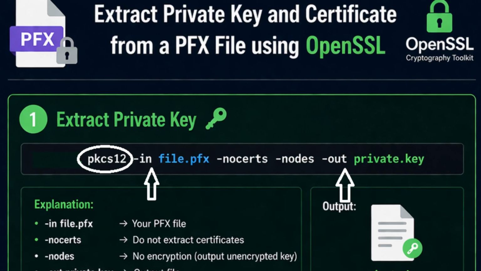Basically it's a command line parameter where we mention a complete package, because when we talk about the pfx file, we know that inside the pfx file we have the private key, the original certificate and intermediary and root certificates as well. So at the start of the command we use pkcs12 to define the complete package. It's a kind of core command line parameter when we are dealing with OpenSSL.